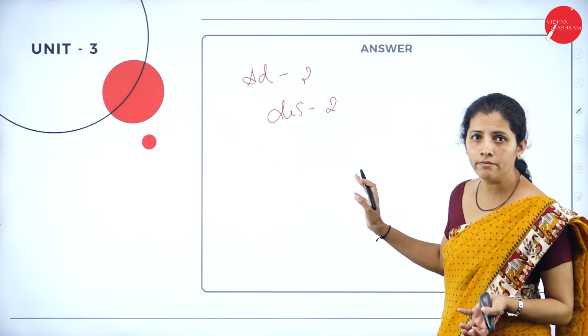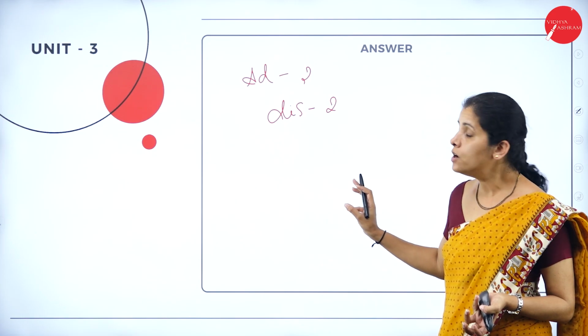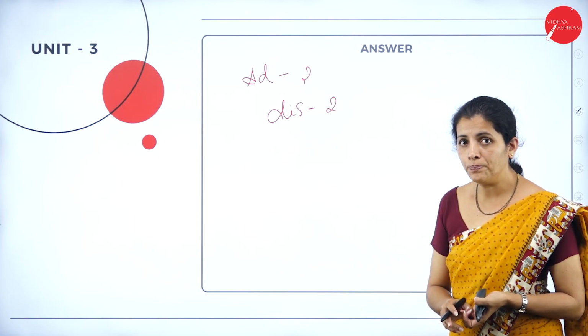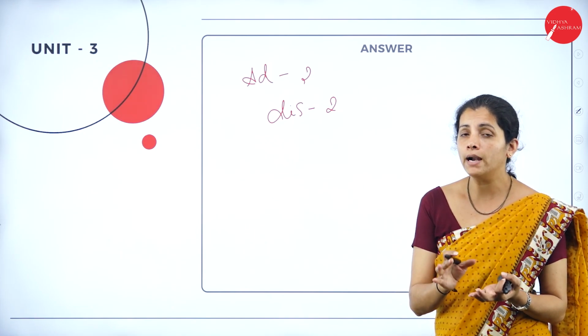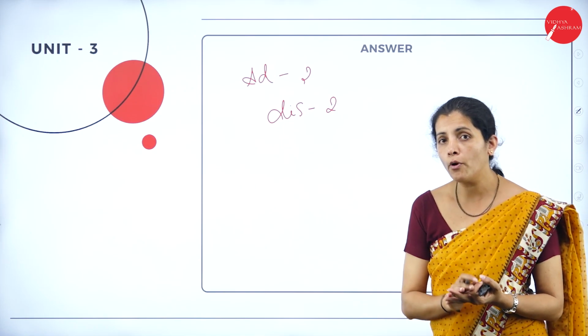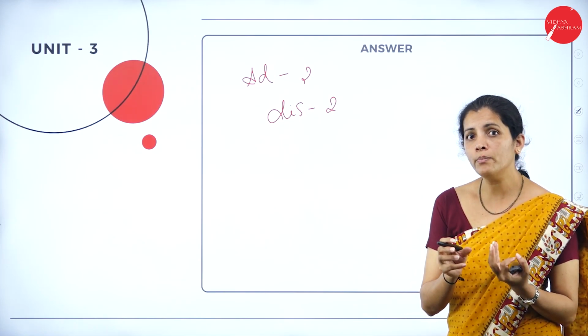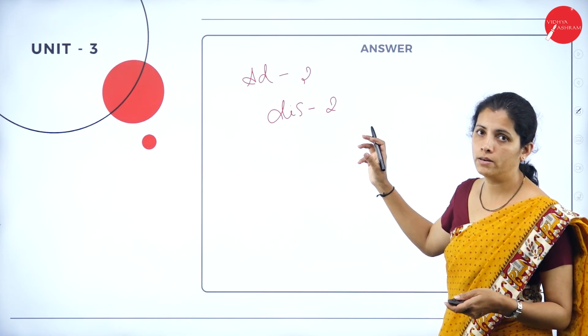Then what is the disadvantage? Wastage of memory. For example, we have to deallocate the memory. There are times we define a pointer, but we do not use it. Then it leads to wastage of memory and some problems.